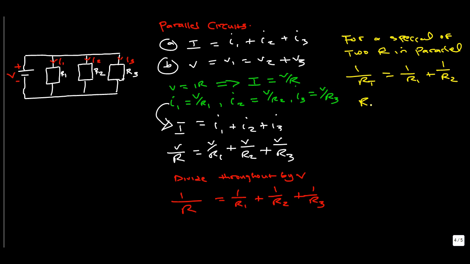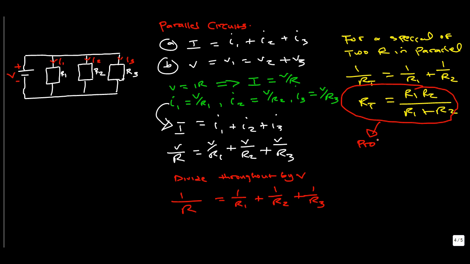Your total resistance is essentially R1 times R2 over R1 plus R2. And so for the special case of two resistors in parallel, this is known as the product over sum formula. I think that's how you spell it.